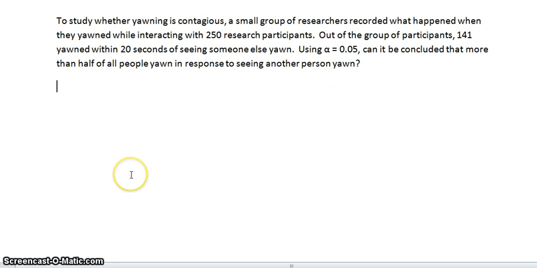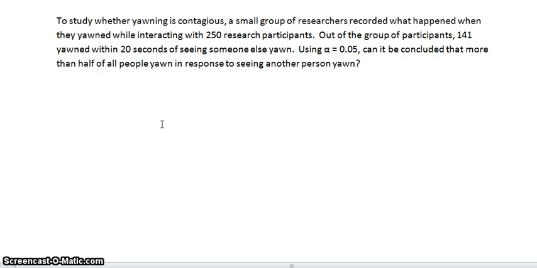Alright, so this problem we know is a proportion problem. For one reason, we can see it's 141 out of 250 research participants. So remember, anytime you can phrase your data as X out of N, 141 out of 250 in this case, that means it's a proportion.